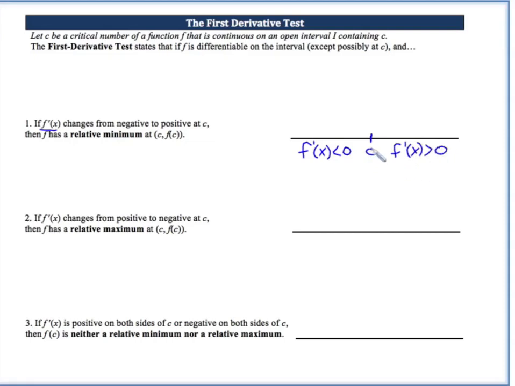Now, what do we know f prime of x is at c? Well, we would know f prime of x equals 0 right here. So if we were to graph this, we know this is a decreasing function here. So we know this function is decreasing until we get to c, where it's 0, and then we would know it's increasing afterwards.